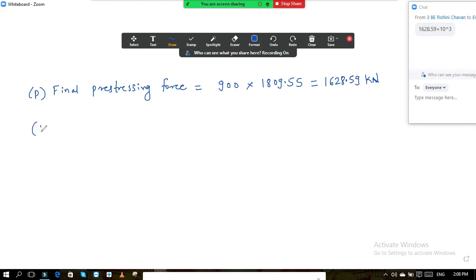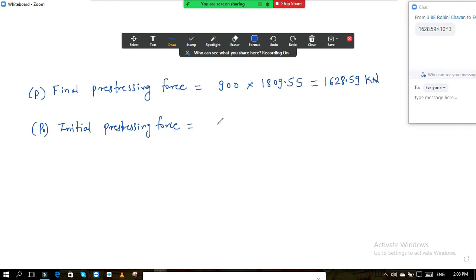Now the initial prestressing force, that is P0, which is equal to, so they have given us that 15 to 20% losses we can assume.